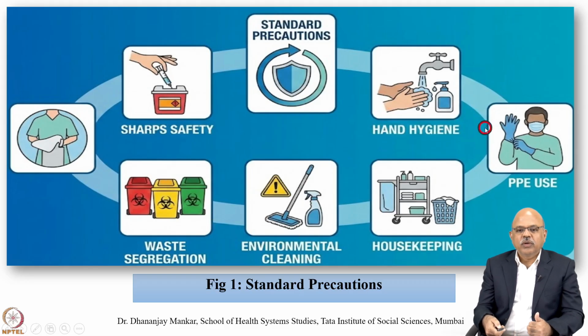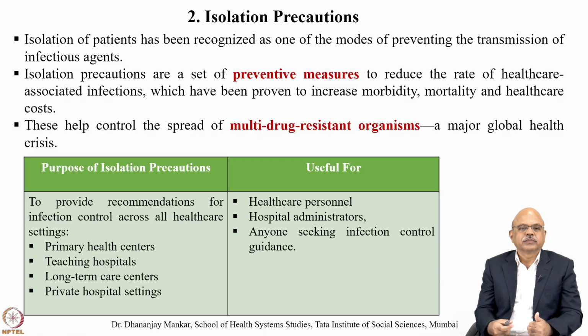Standard precautions also include hand hygiene, which we emphasized in the previous chapter, using running water or an alcohol hand scrub, PPE use and housekeeping, environmental cleaning and waste segregation. These are standard precautions that every healthcare worker needs to emphasize more.